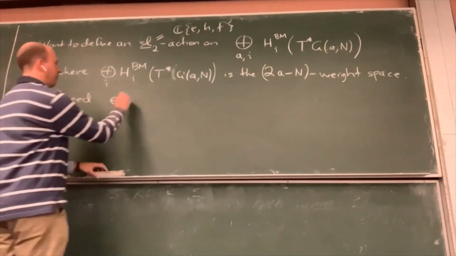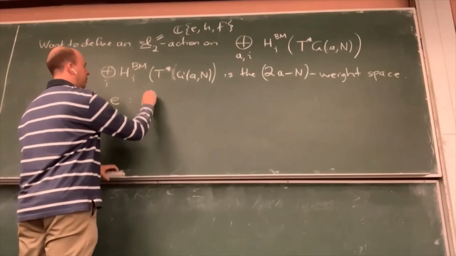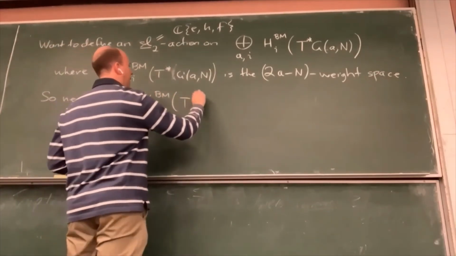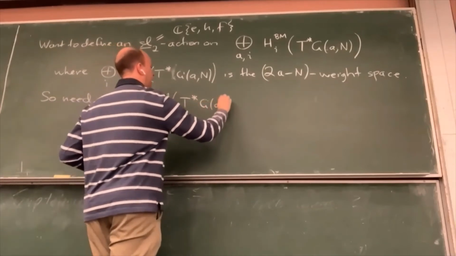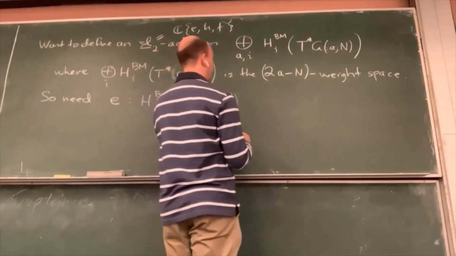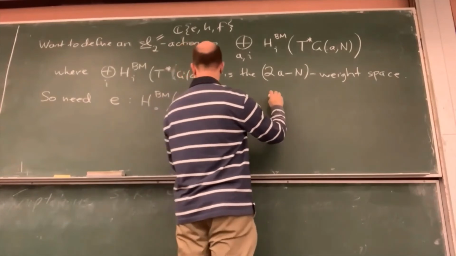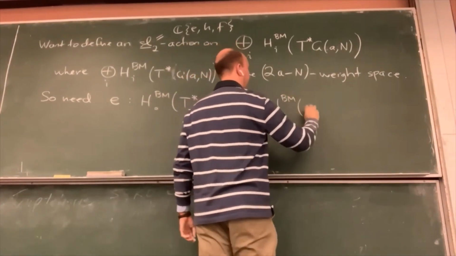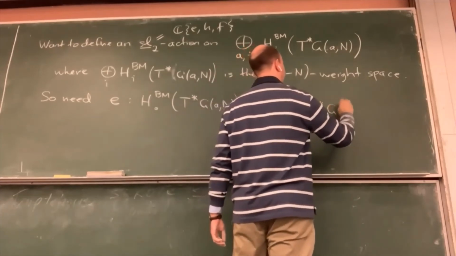So I need a linear map from the Borel-Moore homology of the Grassmannian with A, n to the Borel-Moore homology of the cotangent bundle of the Grassmannian with A plus 1, n.